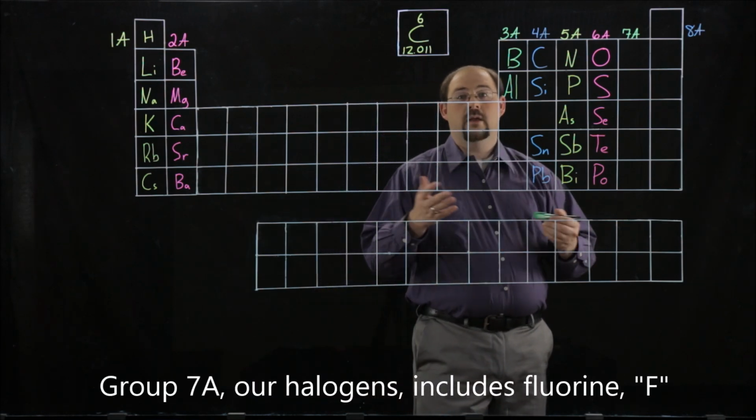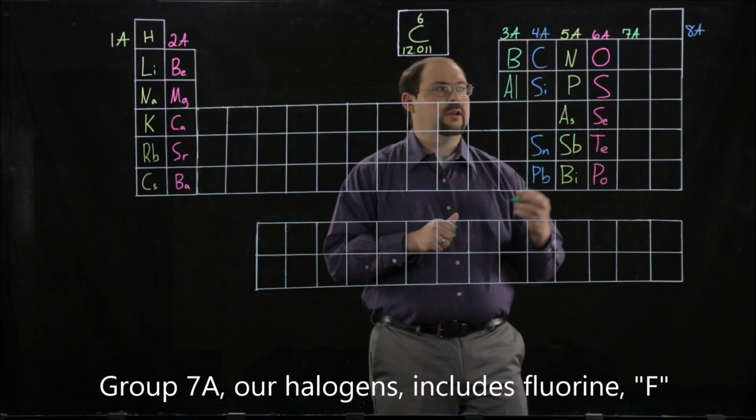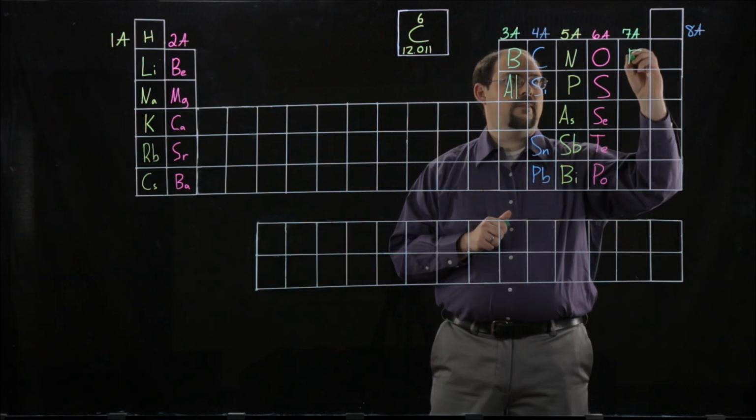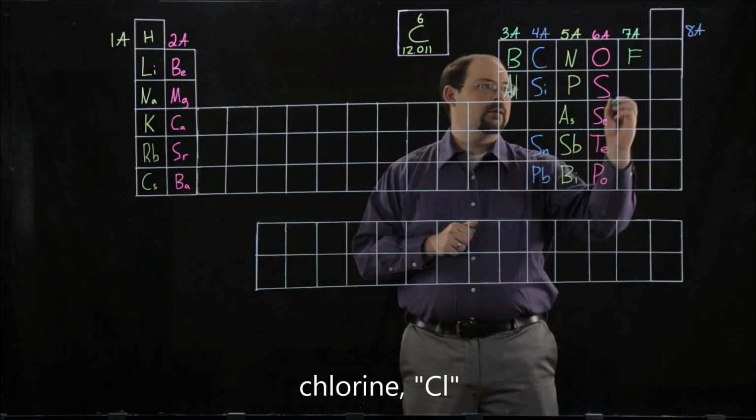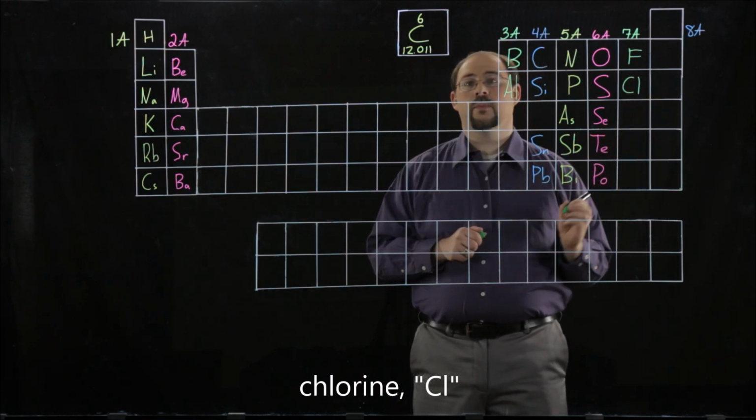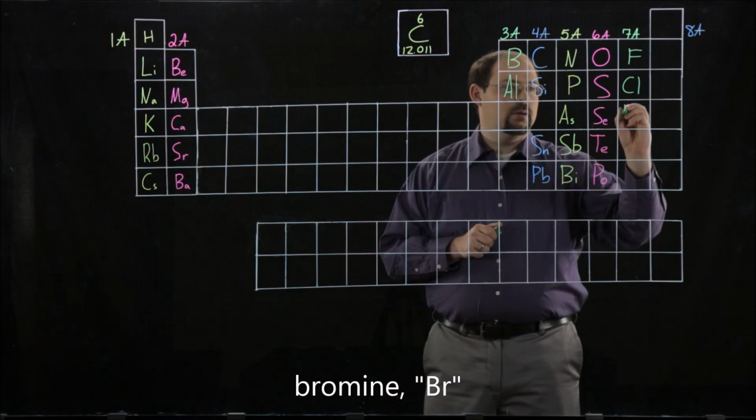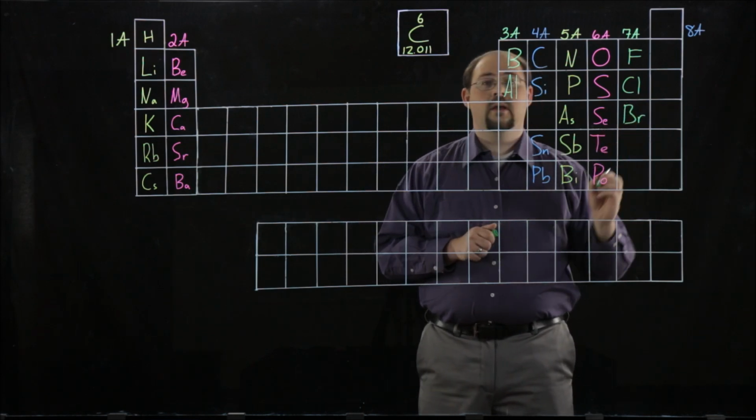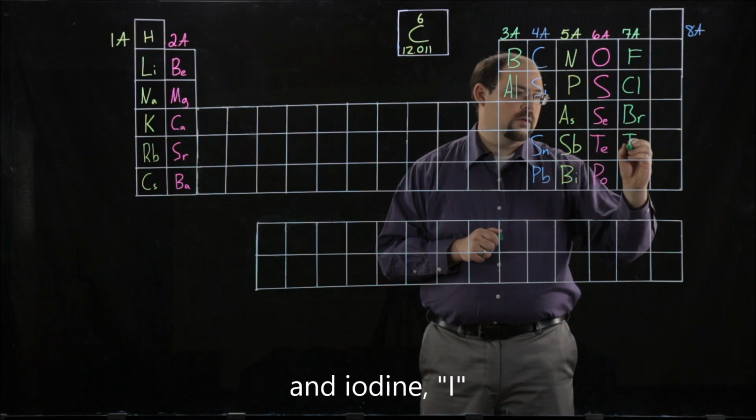Group 7A, our halogens, include fluorine, F, chlorine, Cl, bromine, Br, and iodine, I.